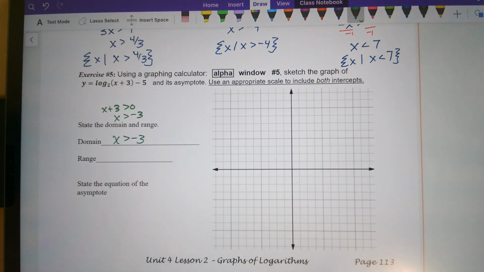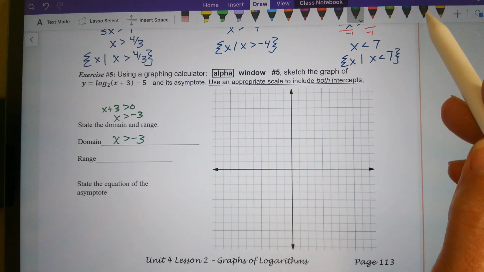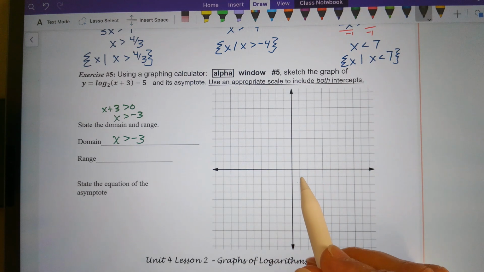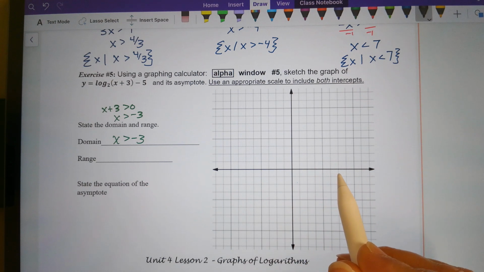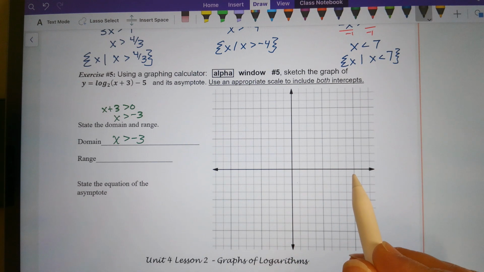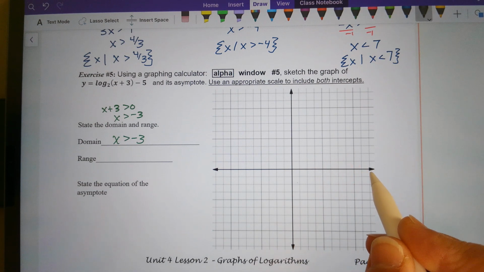Okay, so if we have to show an x-intercept of 29, then let's see. Going by 2's will not work. 3, 6, 9, 12, 15, 18, 21, 24, 27, 30. Oh, we can go by 3's. That actually will work.